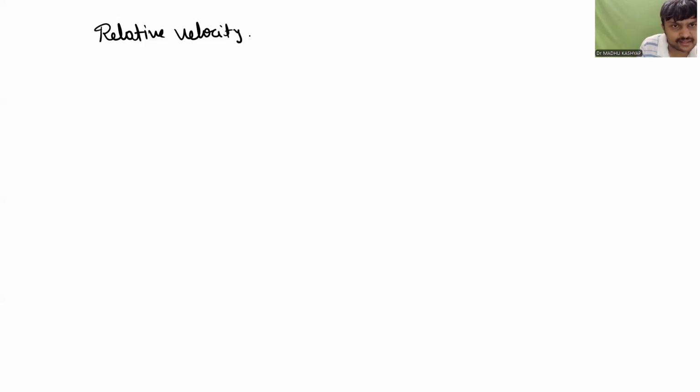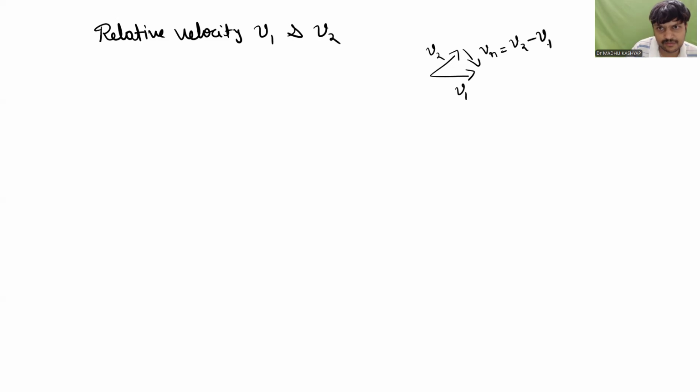Let us say this is v1 and this vector is v2. I'm not taking a resultant vector, I'm taking a difference vector. Let me call that vr, but it's not the resultant. So vr will be equal to v2 minus v1.